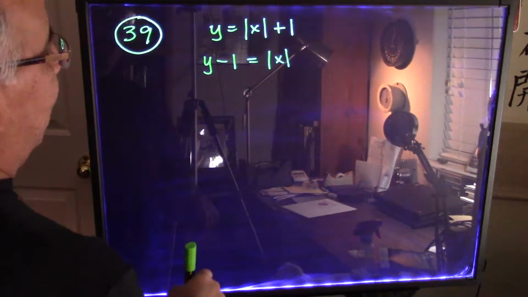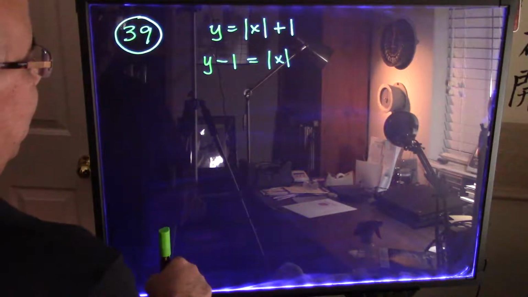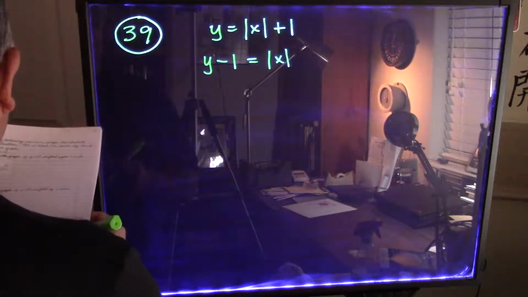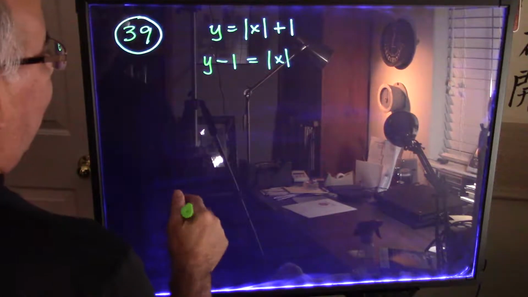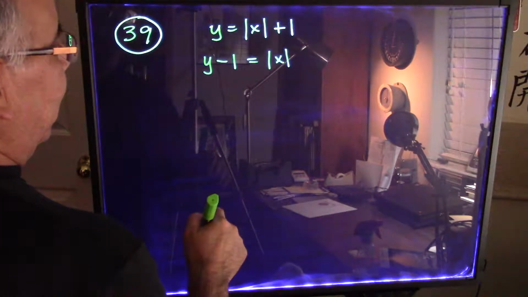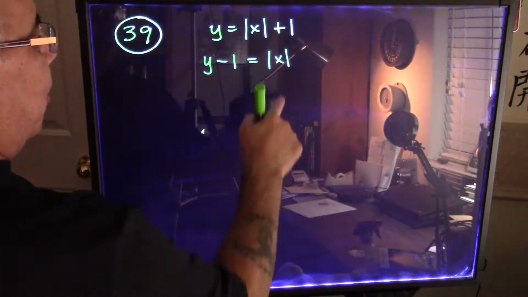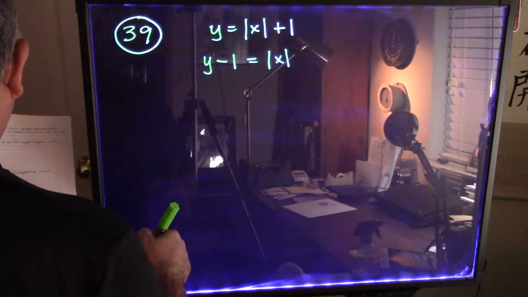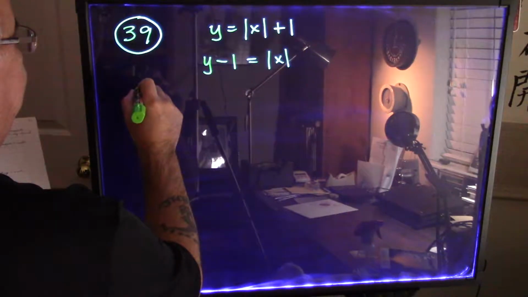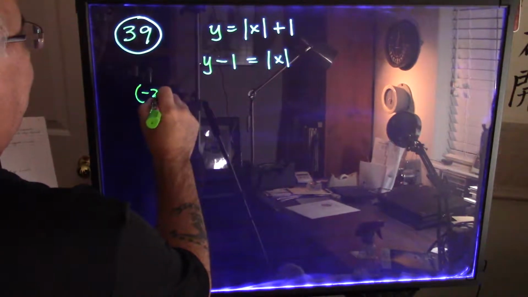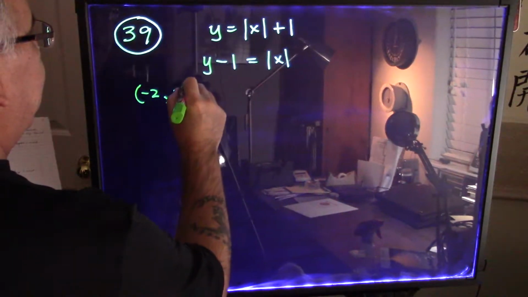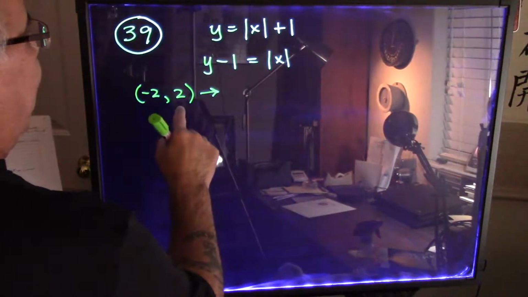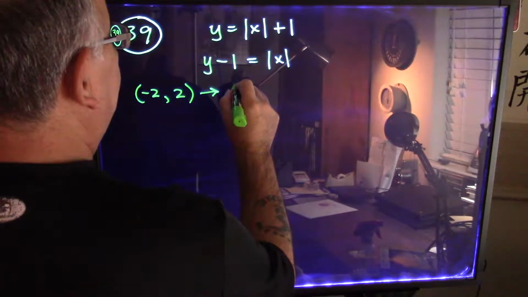So it's going to shift up 1 unit. And what you can do is add 1 to each y coordinate on the original function, which is absolute value of x. Okay, so if you take, for example, -2, 2 on y equals absolute value of x, you add 1 to the y coordinate, you're going to get -2, 3.